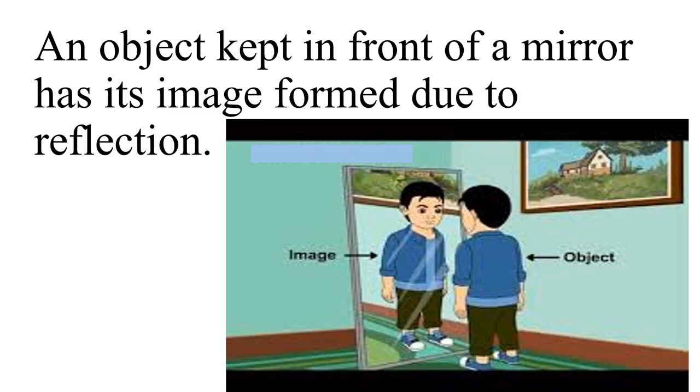An object kept in front of a mirror has its image formed due to reflection. Here in this diagram, we can see a boy is standing in front of a plane mirror. The boy is acting as an object and its image which is obtained on the mirror is a virtual image.